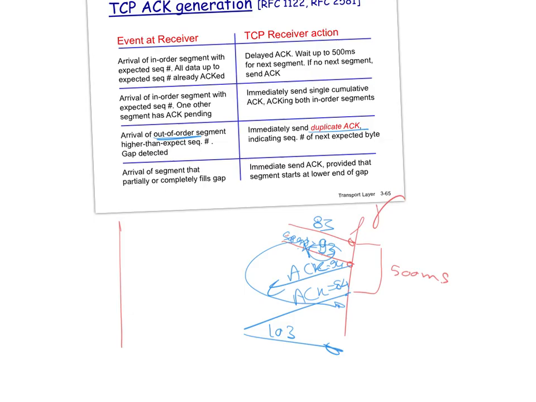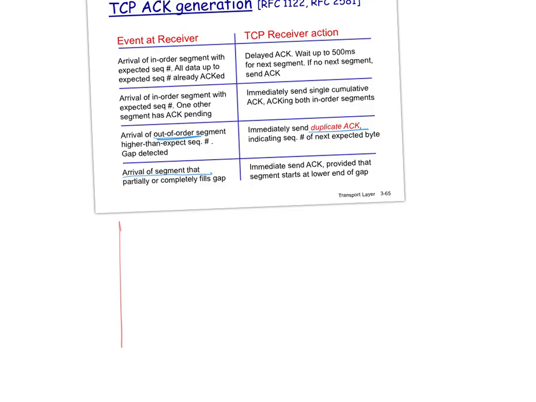Here, this is the answer to your question. What happens if I have the arrival of a segment that partially or completely fills a gap? Which means that I received this segment, and this segment was not actually lost, but it was delayed.